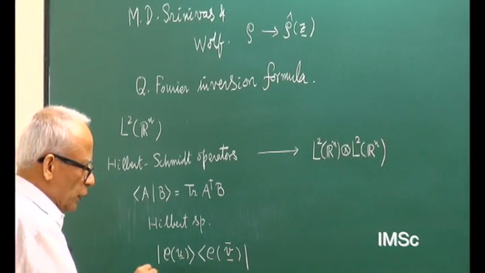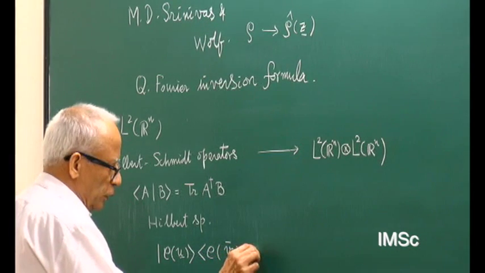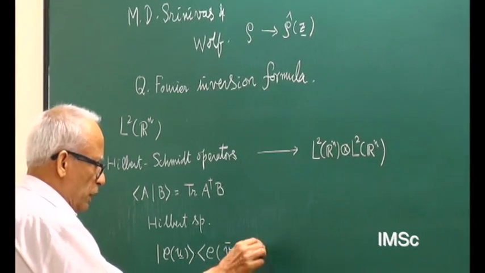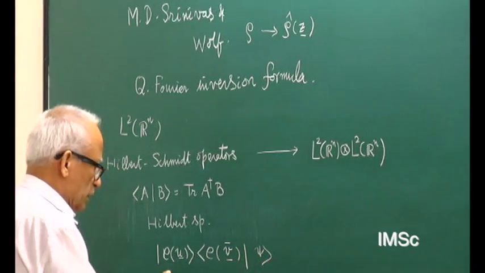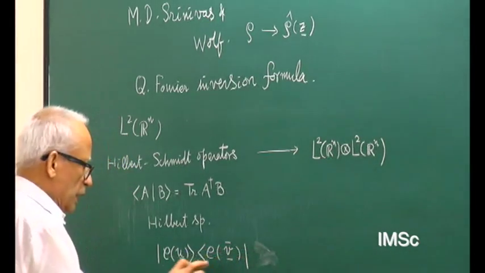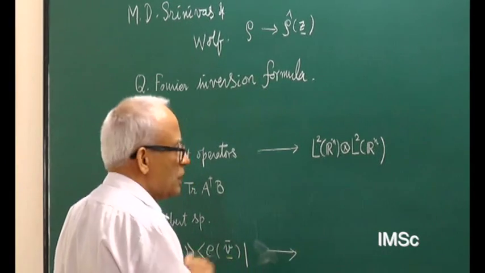This is a rank 1 operator. Namely, if you apply it to any vector psi, the image will be: you simply contract this with psi and then that is multiplied by E_u. That is this operator. This is a rank 1 operator, and you put this in correspondence.